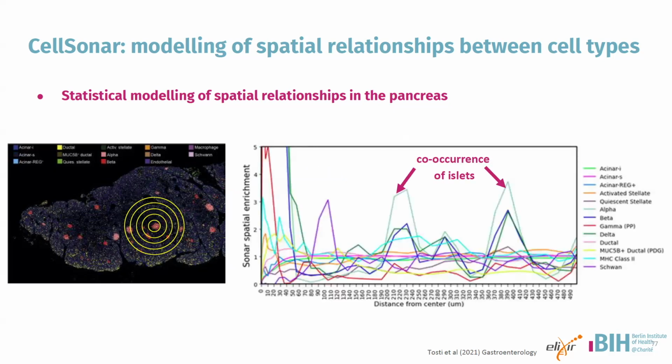It's a bit messy, and I don't have the actual animation that was in the PowerPoint. But what you can see is, if we assume that this is a standard enrichment analysis where the value of 1 means it's around background noise, you can see at certain distances, you see local enrichment. So for this particular type of alpha cell, at the region of around 200 microns and 390 microns, you get another spatial enrichment.